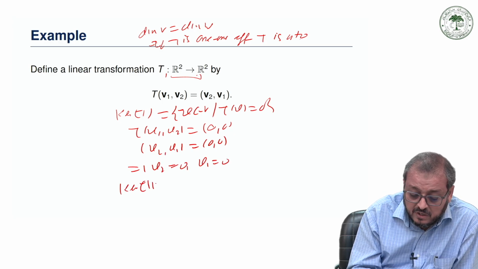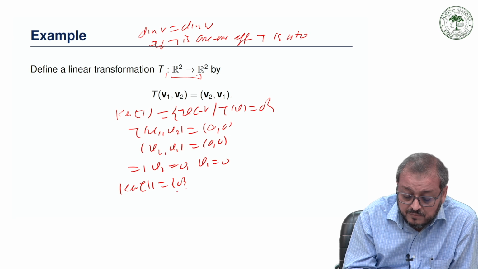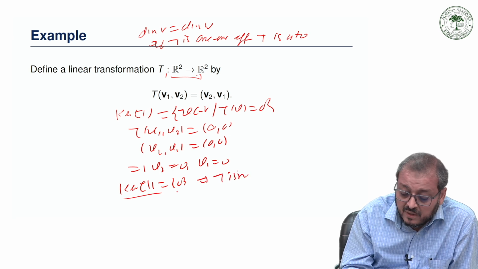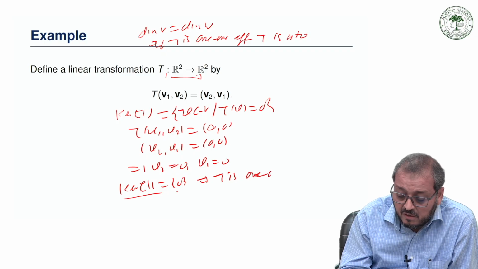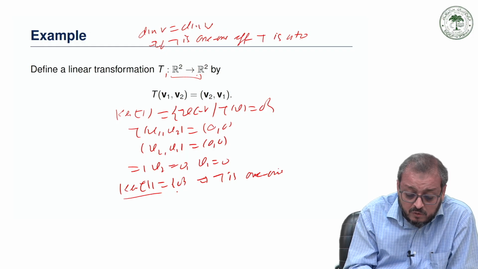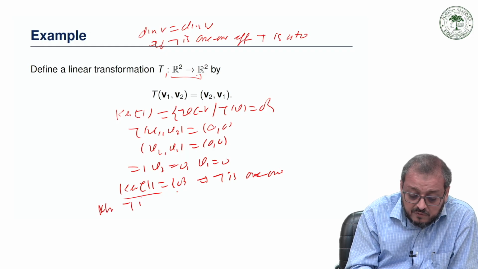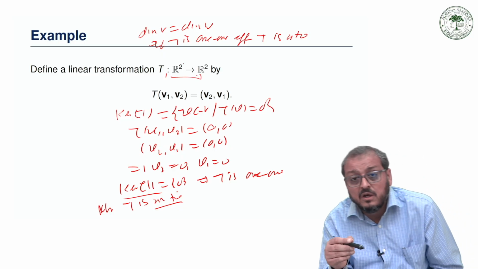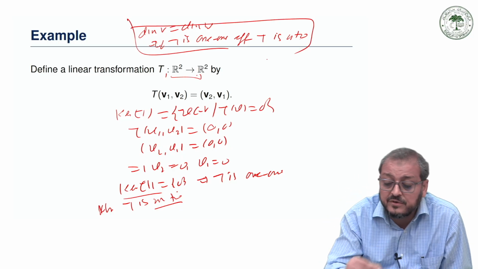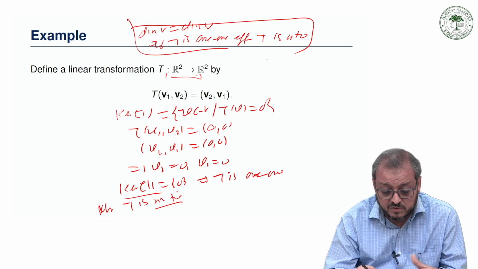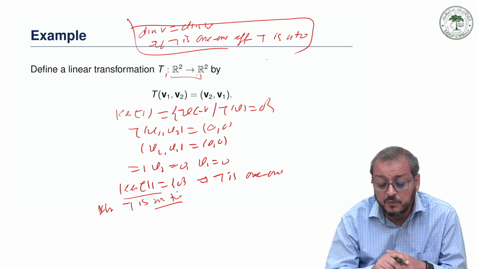So the kernel of T is the zero subspace, and T is clearly a one-one linear transformation, and also onto. Why is T onto? Because by this result both vector spaces have the same dimension, so T is also onto.